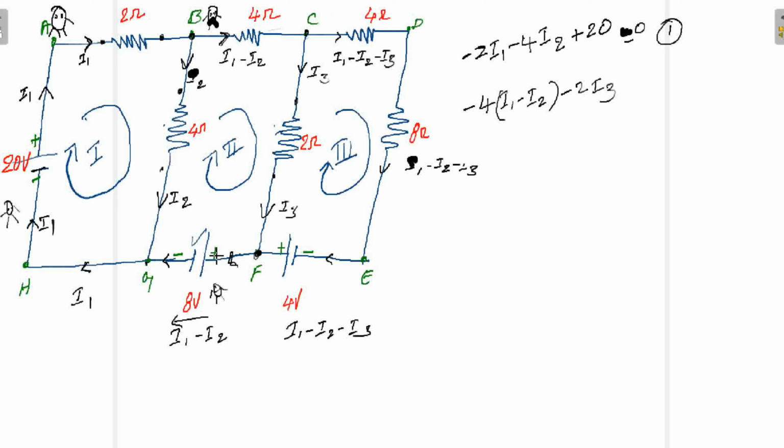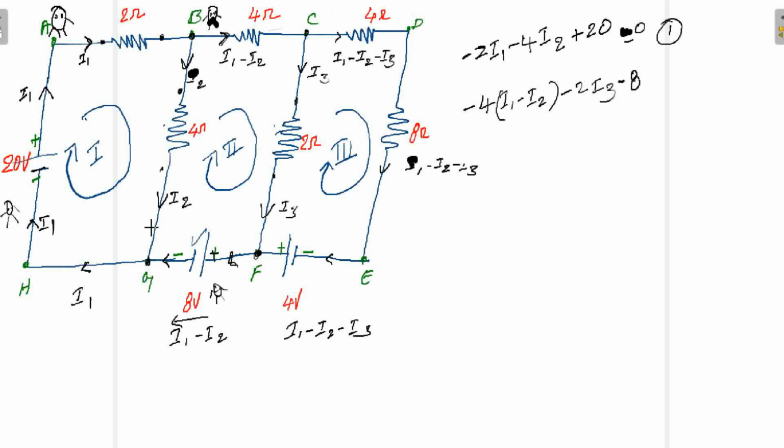Into that battery, it is moving from positive to negative. Positive to negative is nothing but a voltage drop, so minus 8 volts. Now you have reached point G. Again you have to move to B, and only then have you covered the total loop.